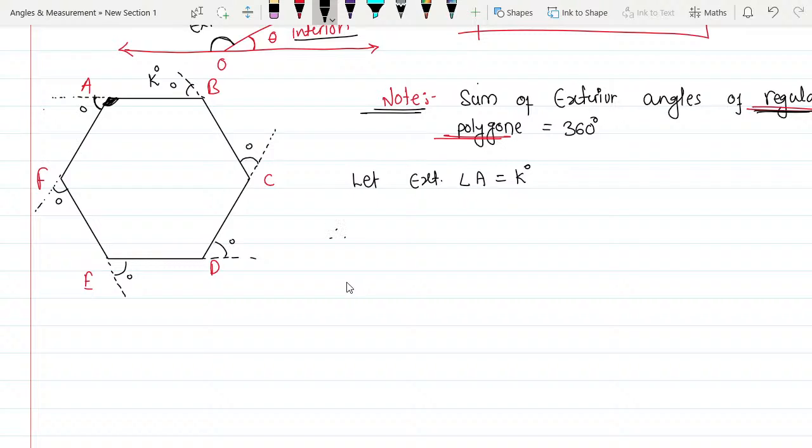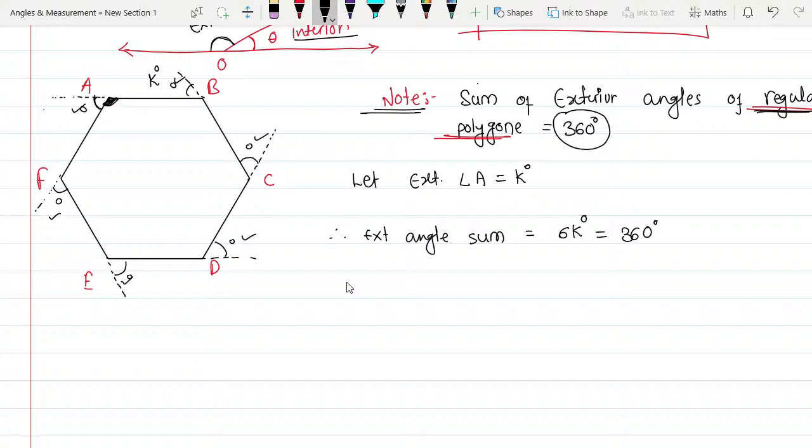Therefore, how many angles do we have in total? Exterior angles A, B, C, D, E, F, so the exterior angle sum is equal to 6k. I hope you agree with this, because I am adding 1, 2, 3, 4, 5, 6 angles. So this 6k should be equal to 360 degrees. Is it okay? Perfect.